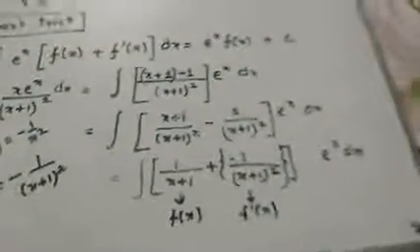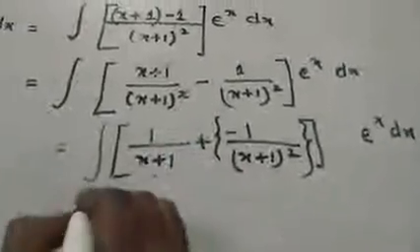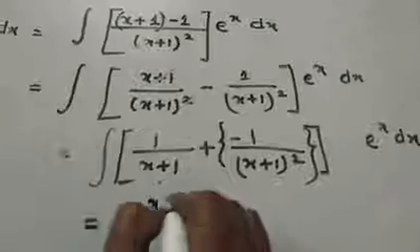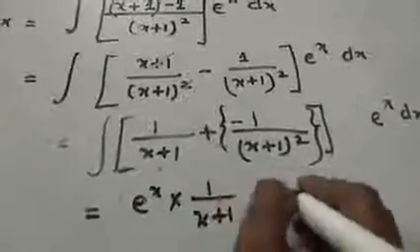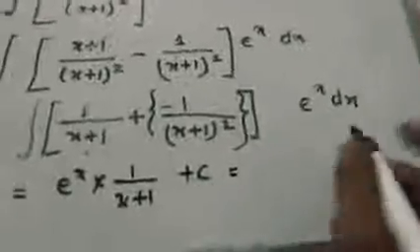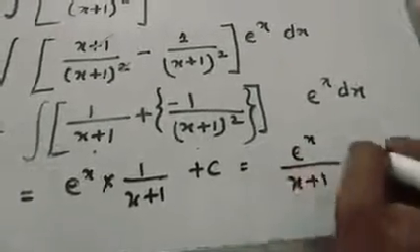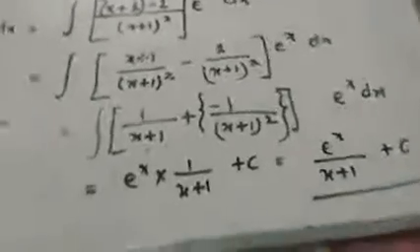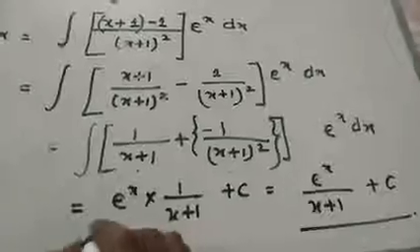So by using the short trick you will get your answer e to the power x f of x, that is e to the power x times 1 by (x+1) plus c, that is in final e to the power x divided by (x+1) plus c. Just mention that using that line.